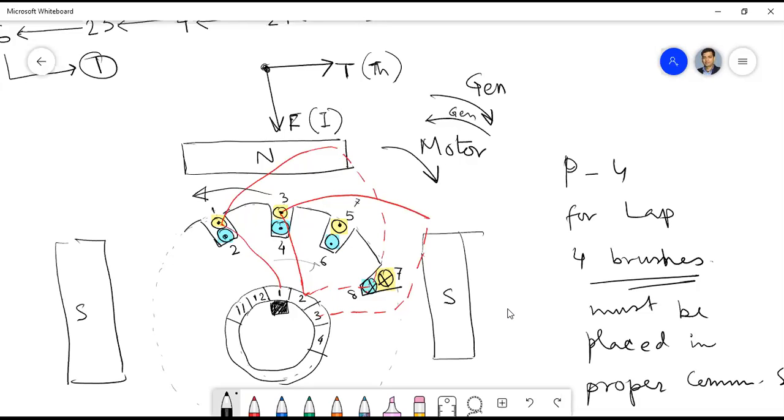Suppose after some time 7 will be here and 5 will be here, 3 will be here and 1 will be somewhere here, in the next instant. Then what will be the current direction of 7 in that instant, in the next instant?